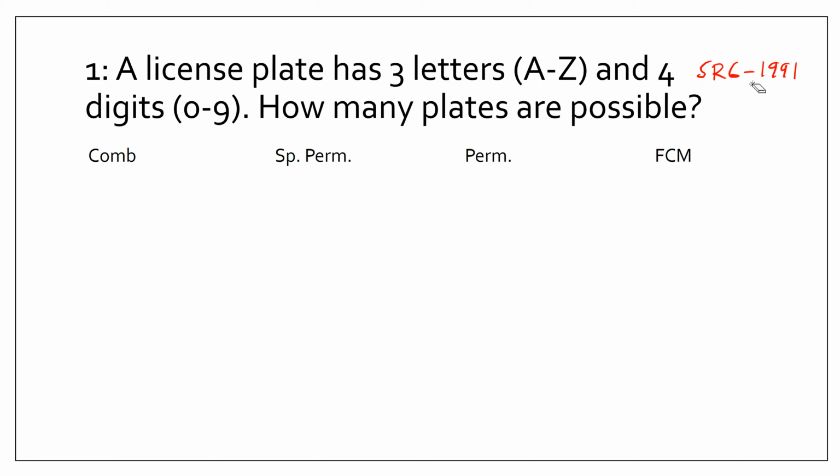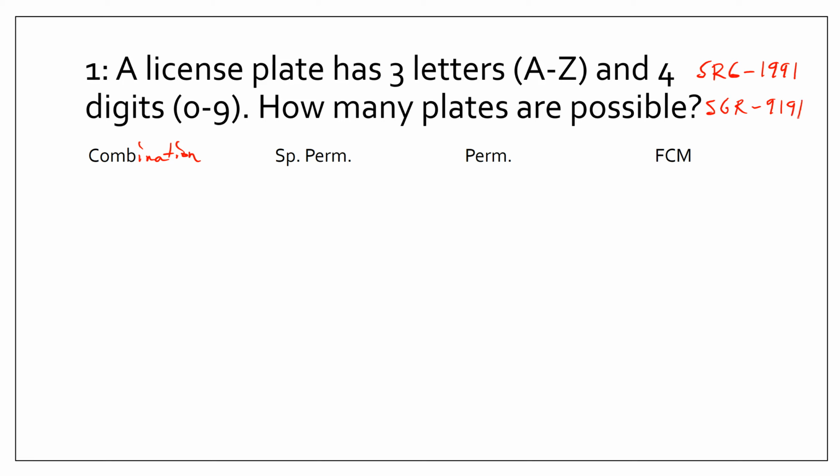So here's what I like to do. In order to see if it is a combination, I need to see if rearranging one of these results in a new possibility. Because if it does, it's not a combination, because remember, in combinations order doesn't matter. So in other words, if I change the place of the G and the R, maybe I change the place of one of the numbers too.